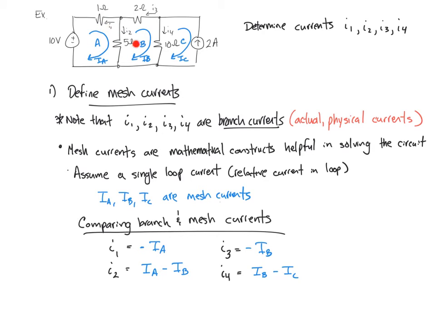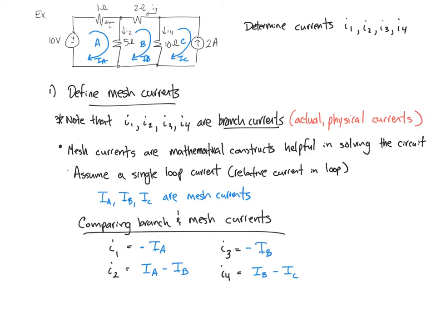Note that I1, I2, and I3 are related because they meet at a juncture between the 1, 2, and 5 ohm resistors. I3 and I4 and this 2 amp source are related in the same way. Therefore, all currents can be expressed as being related to one another by separating out the contributions of each loop, IA, IB, and IC.